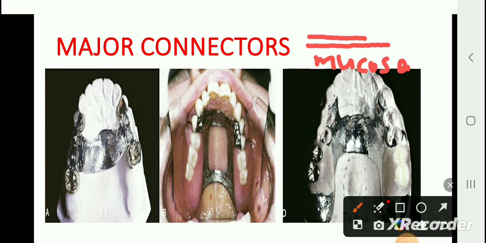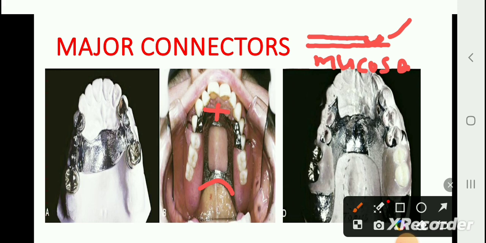On the posterior border, this is the posterior limit, we do the beading exclusive, not in the rugae area, but in the posterior area, and it produces a positive tissue contact. It should contact the tissue. Positive tissue contact should be there so that it prevents food debris from collecting under the major connector.